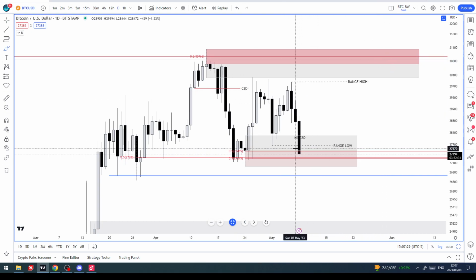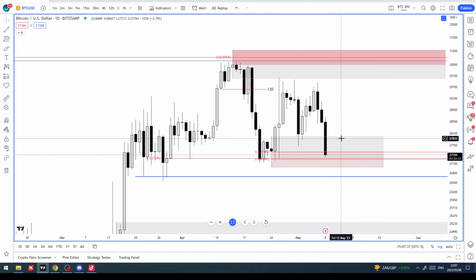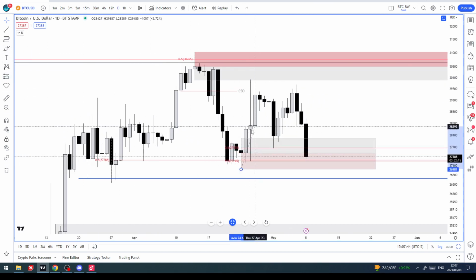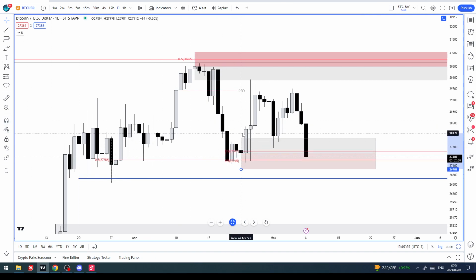So right now, let's look at this. Let's get rid of this, get rid of that. Right now I'm playing around with a few things here. This order block here from the 24th of April, it's a down candle on a daily. 50% of that candle I'm interested in.